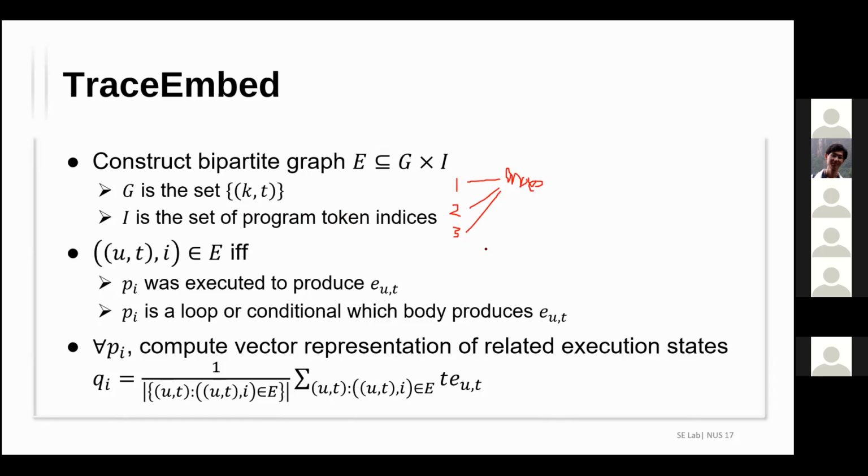Oh, by the way, sorry, I need to raise a question. Given a bipartite graph, this G is the K and T. T is the trace embeddings, and K is the input grid.